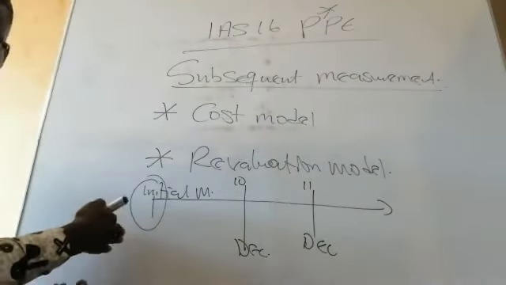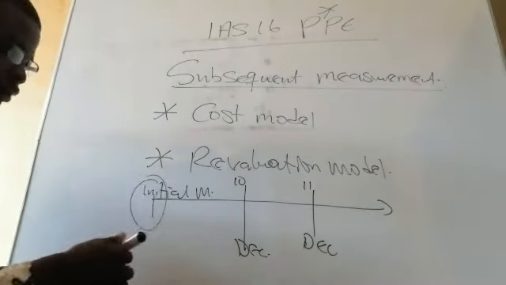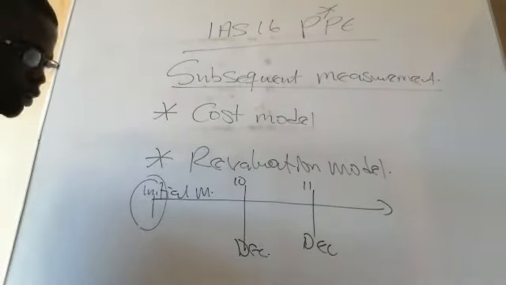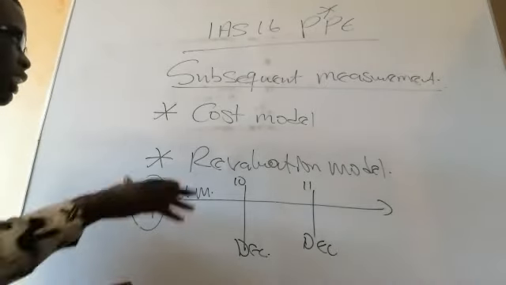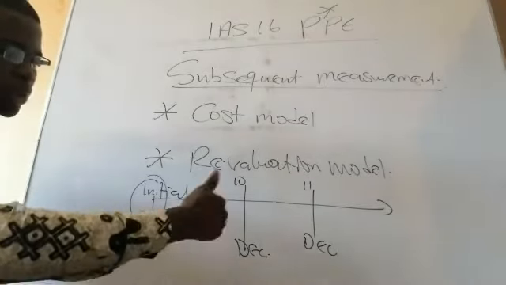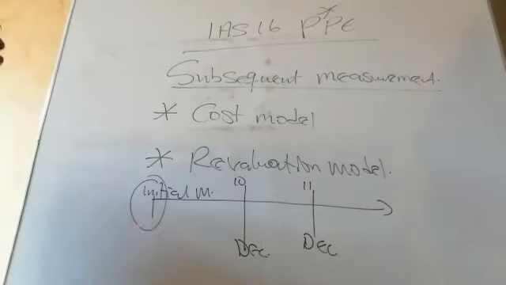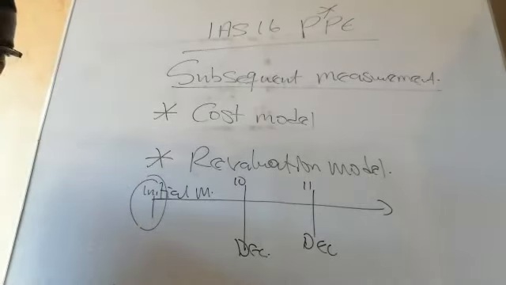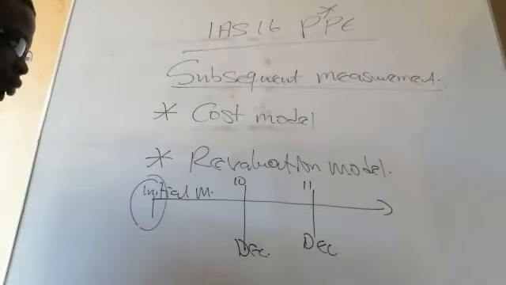Subsequently, after the initial value, at the next reporting period, what will be the value? The standard is saying that when you go to the subsequent measurement, there are two models. Select one. So it's a matter of policy.